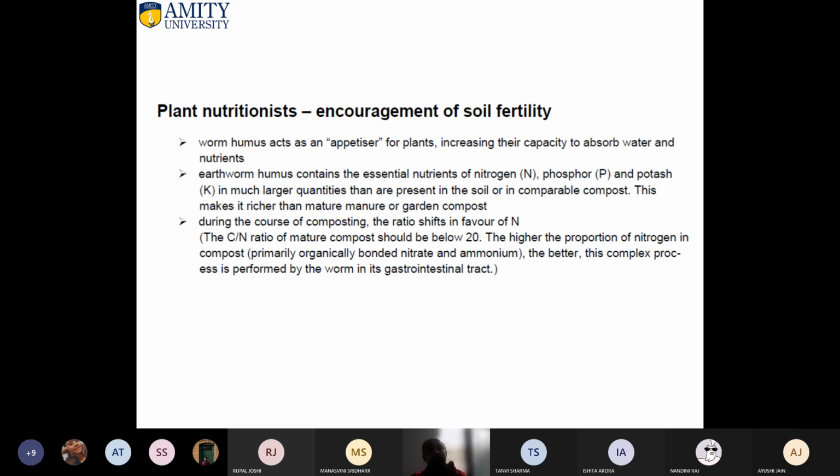Worms, I told you last time in the previous class, have been called plant nutritionists. That is a very good term used here. I read about it. In comparison to normal compost, they are rich in content. The components in the compost are comparatively more rich.